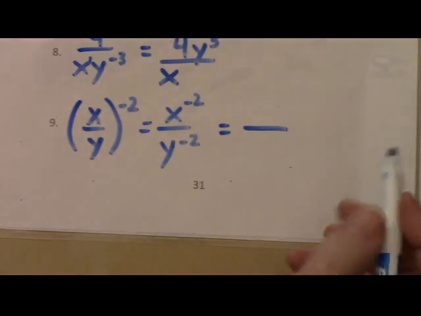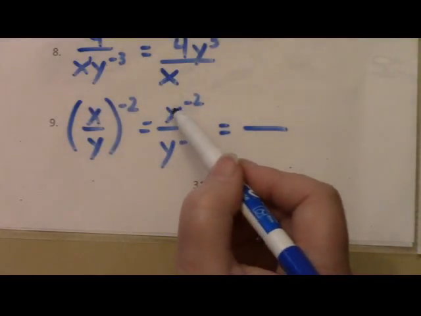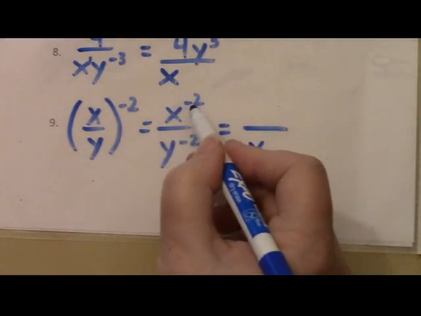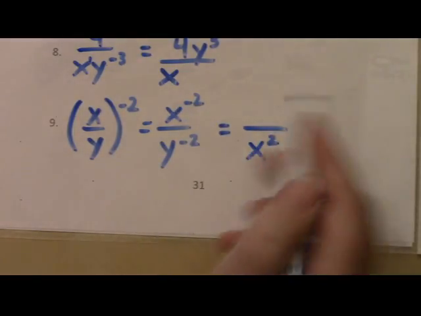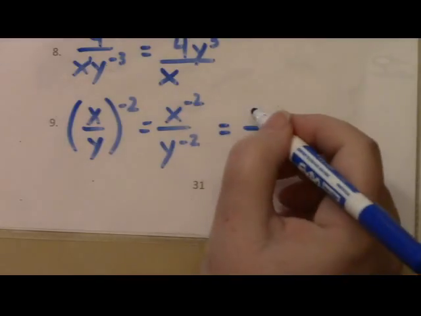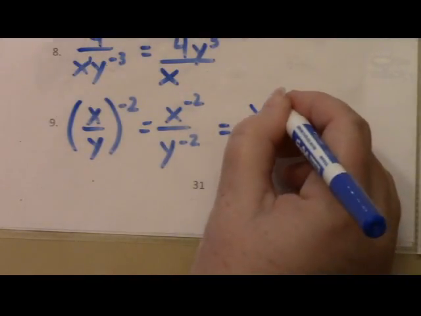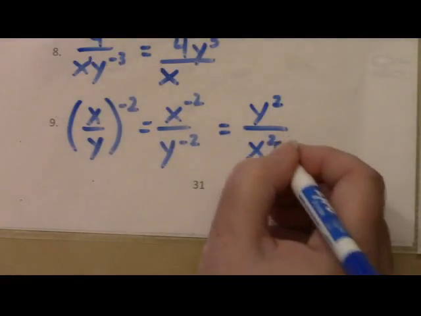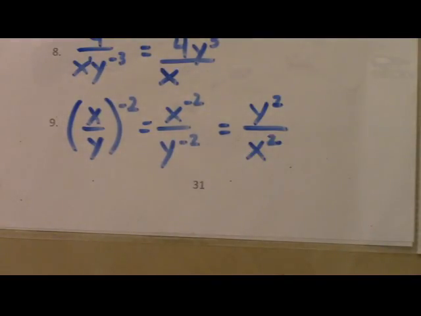The x, if it started as the numerator, is going to move to the denominator, and its exponent becomes positive. And same thing happens here. The y starts at the denominator, but it's going to move up to the numerator, and its exponent becomes positive as well. There you have it, negative exponents.